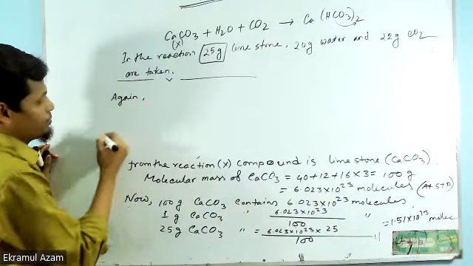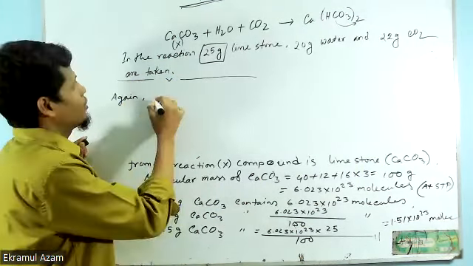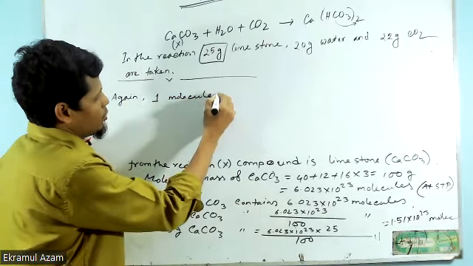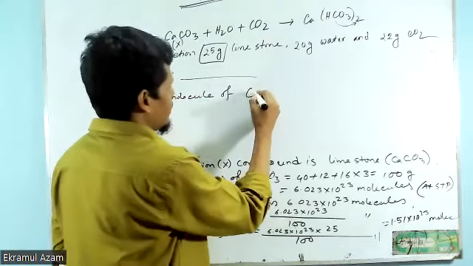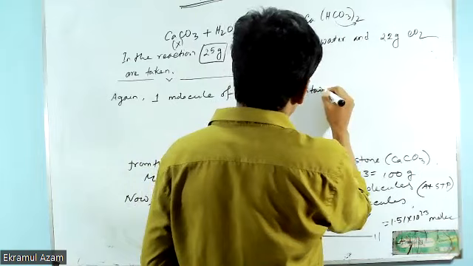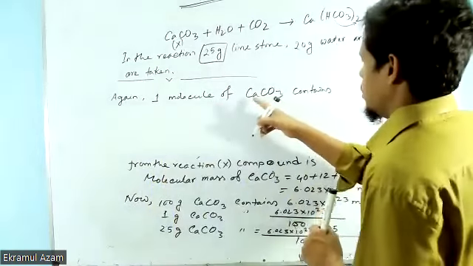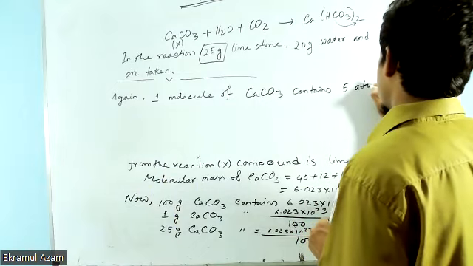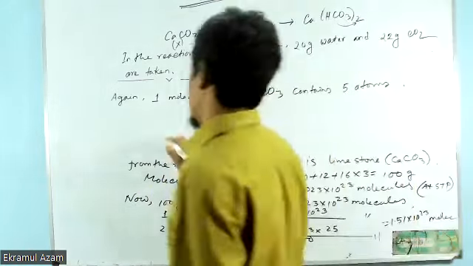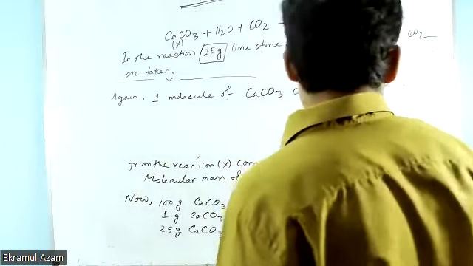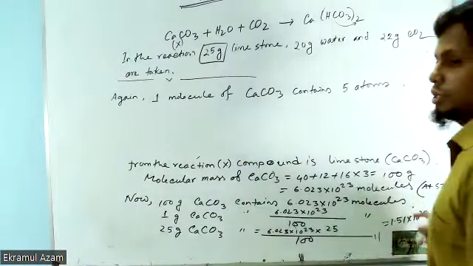Again, 1 molecule of calcium carbonate contains 1, 2, 3, 5 atoms. Now, the result here is 1.51 into 10 to the power 23 molecules.